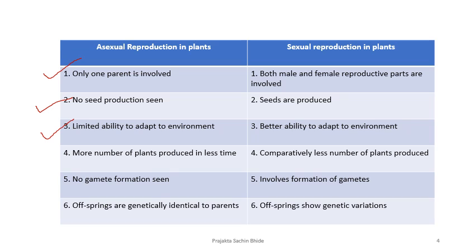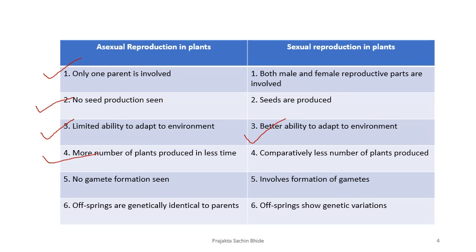Asexual reproduction has limited ability to adapt to environmental changes because the number of variations seen is comparatively less, as compared to sexual reproduction, which has better ability to adapt to an environment. In asexual reproduction, more plants can be grown in less time.